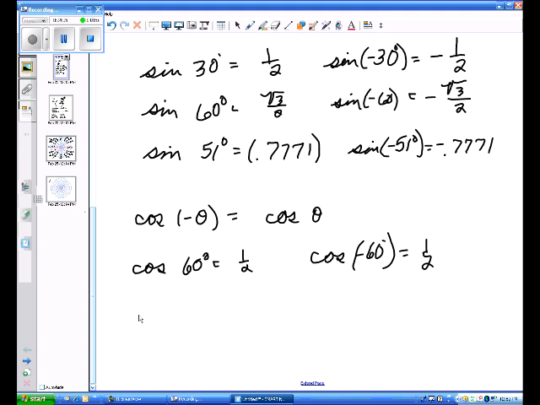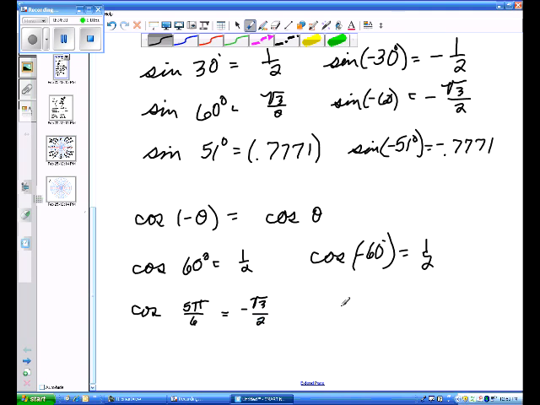If we know that the cosine of 5 pi over 6 is equal to negative square root of 3/2, then the cosine of negative 5 pi over 6 is equal to negative square root of 3/2.